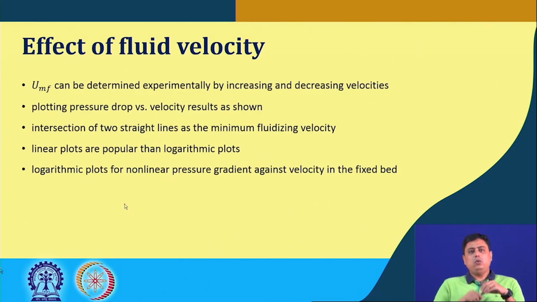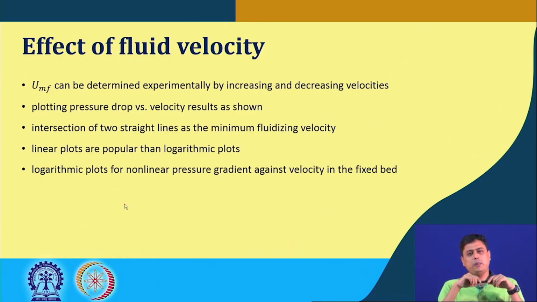So this UMF, or the minimum fluidization velocity, can be determined experimentally by increasing and decreasing velocities and plotting this pressure drop versus velocity, as we have seen.